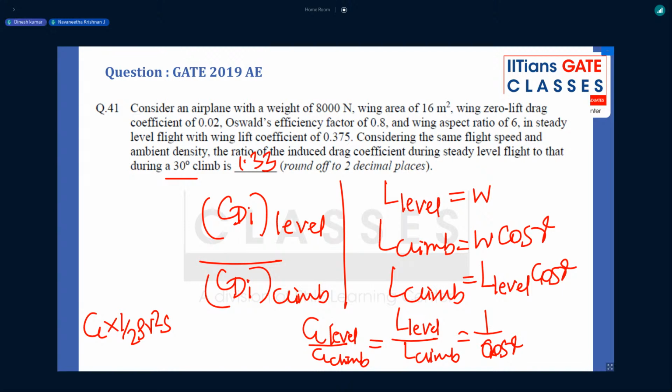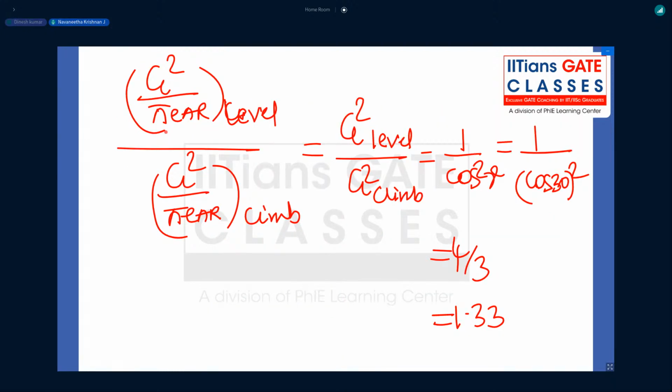We have to go by the basic concept, and it is always good to simplify till the end and then substitute. Otherwise you will start substituting for e, AR, everything, and waste your time.